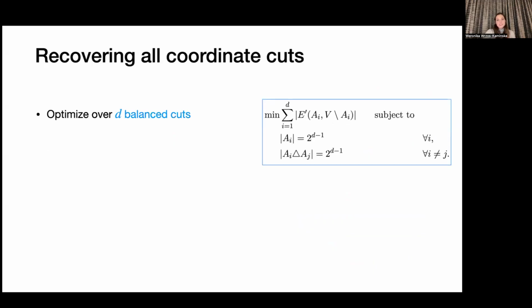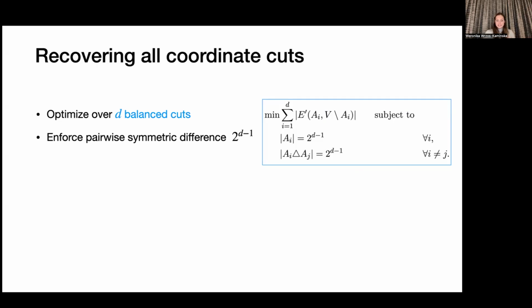This tells us how to recover one cut, but now what about recovering all cuts simultaneously? To recover one cut, we just took the cut that minimizes the number of edges crossing it. So to recover all d cuts, we will take a set of d cuts that minimizes the sum of the number of edges crossing the cuts. But we also impose the condition that the symmetric difference of any pair of our cuts has to be 2 to the d minus 1.